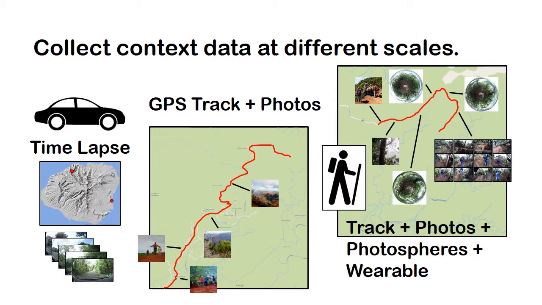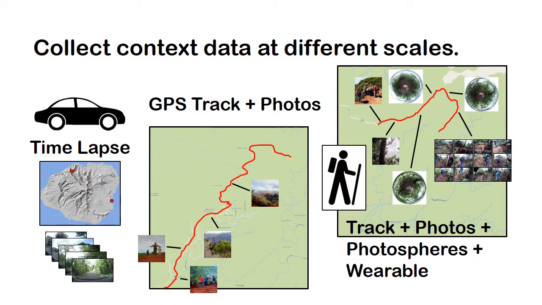Finally, the walk through the study area continues with the documentation of the route with GPS recording, along with periodic still photos. Images along the trail are documented with photospheres. Wearable cameras add valuable images that document the activities.